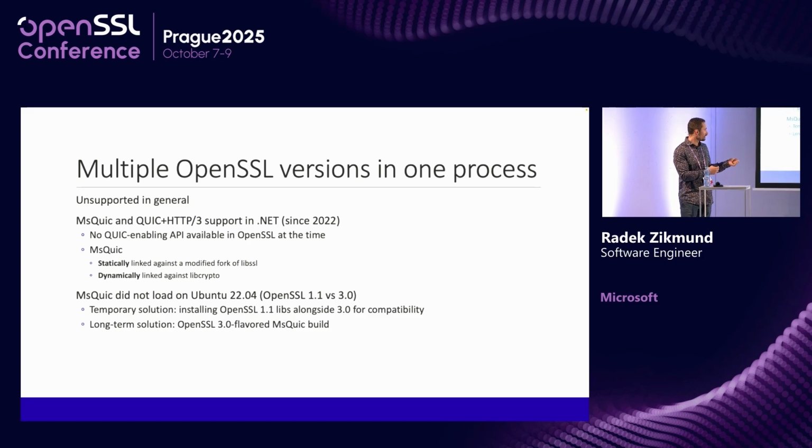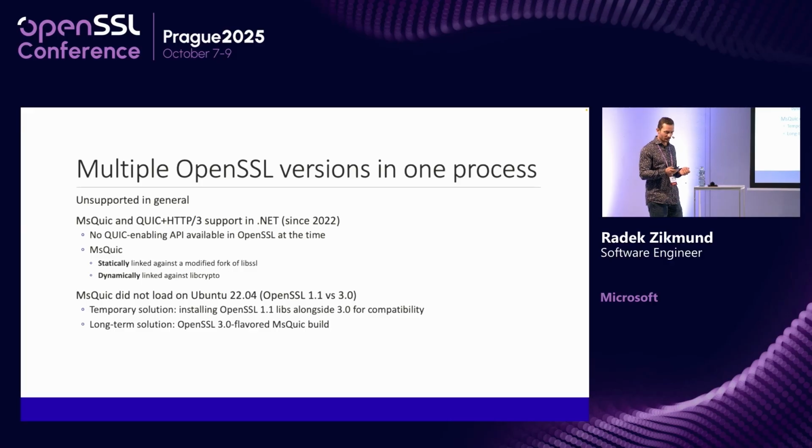And through MsQuic, it would also load libcrypto 1.1, but because there was no passing of raw pointers to OpenSSL structures between those two libraries, it worked, and it did not cause any data corruption or access violations.